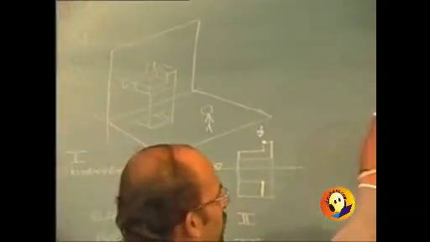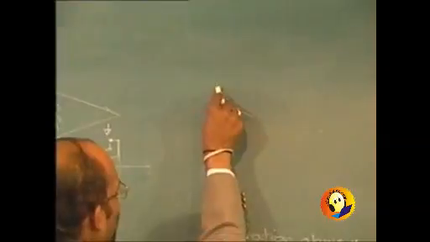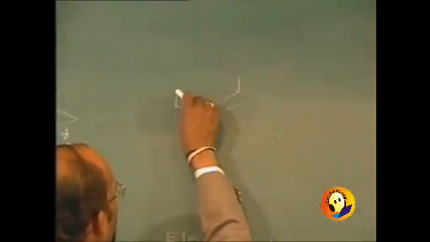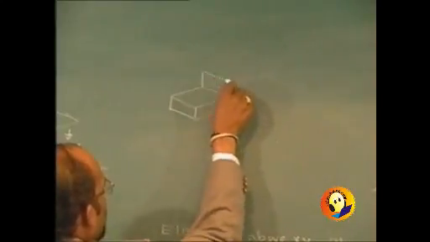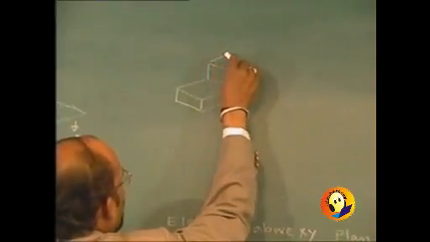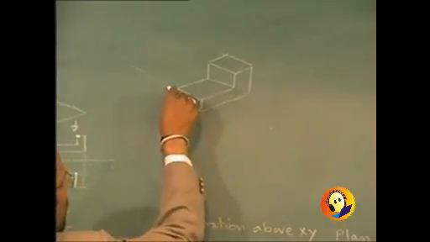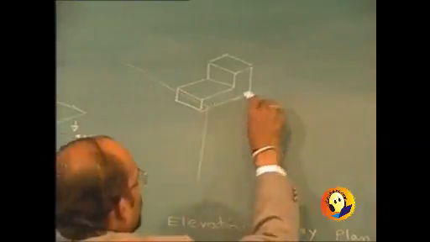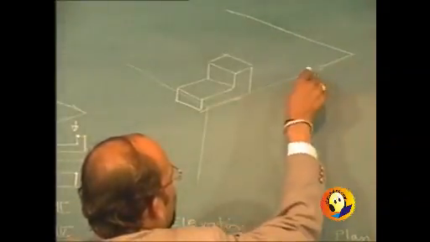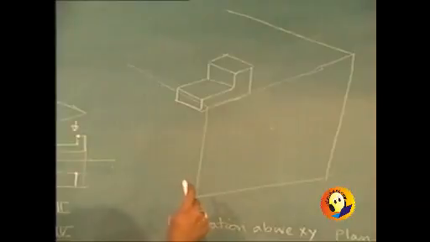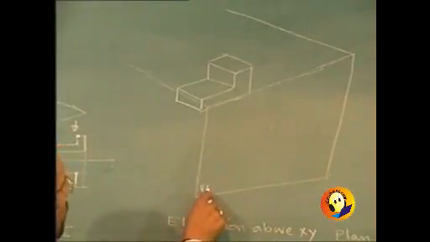Whereas in case of third angle method of projection, when we have the object say in this manner, say the same object, but then it is placed in the third quadrant, that means it is below the horizontal plane and behind the vertical plane.